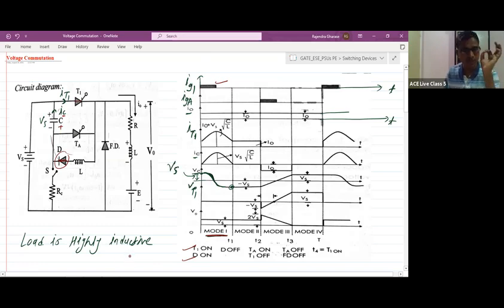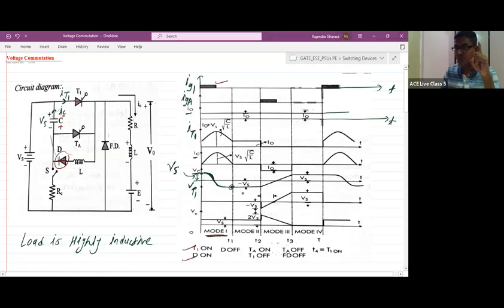The capacitor will hold the same voltage, that is minus Vs. During mode 2, till we apply the gate signal to the auxiliary thyristor, the capacitor voltage will be equal to minus Vs only, because the discharging path is not available.